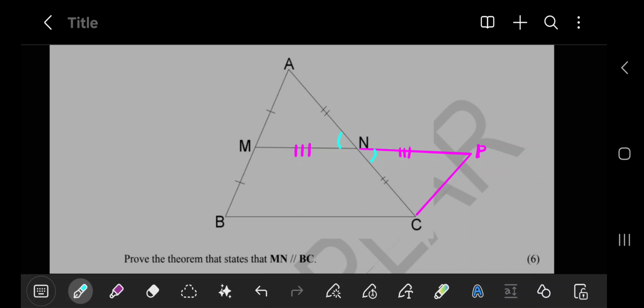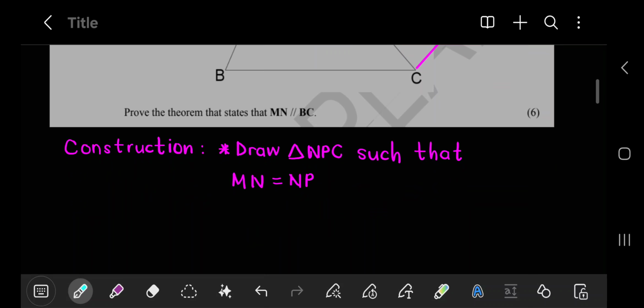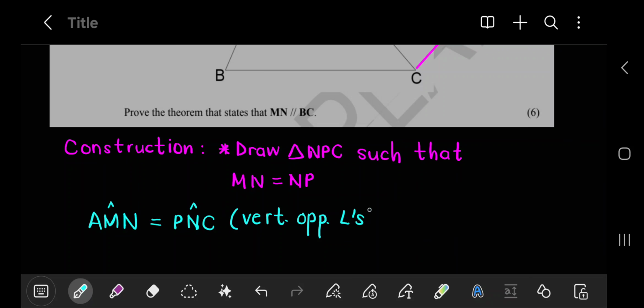These are vertically opposite angles. Just to remind you of the names, we're going with ANM and PNC. Vertically opposite angles.